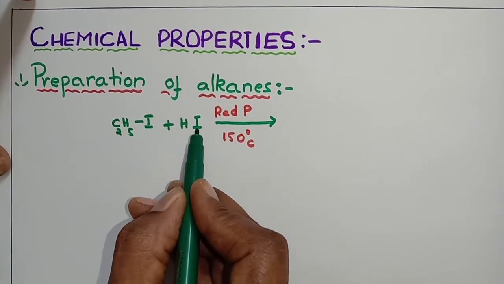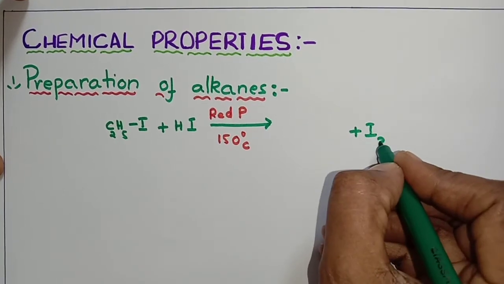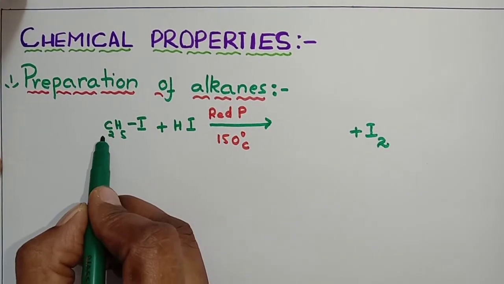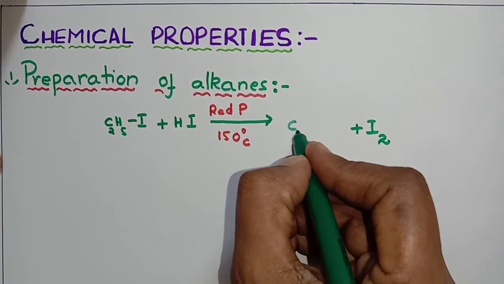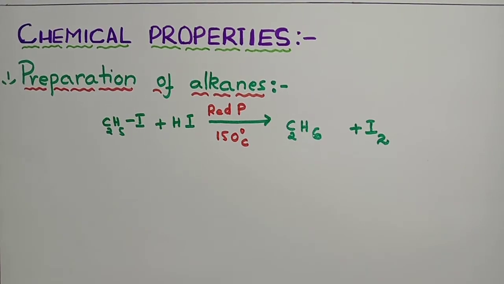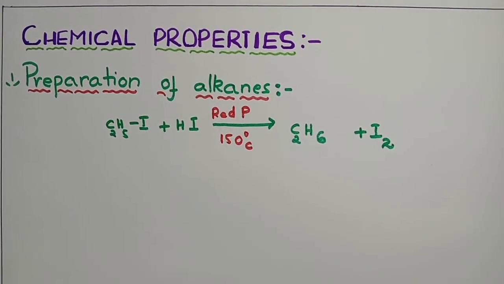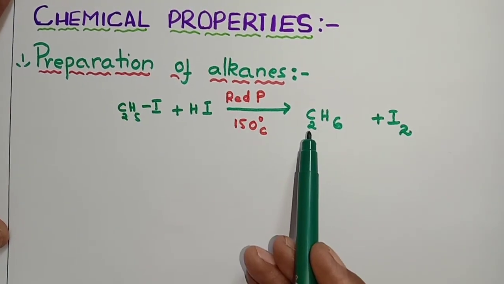This I and I comes out as iodine gas, that is I2, and what remains? C2H5 and one more hydrogen, we get C2H6, which is called ethane. This is how we prepare alkanes from alkyl halides. This is ethyl iodide students, ethane.